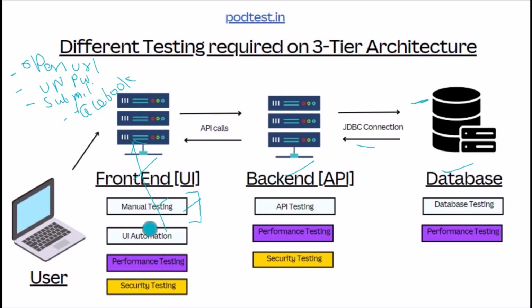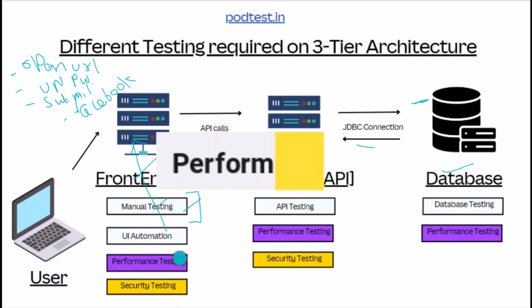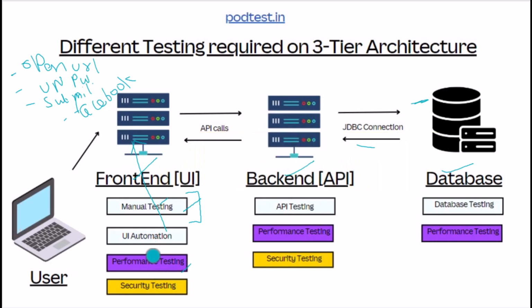Now coming on to the third part, which is performance testing. As I explained in my previous episode, performance issues could be anywhere. Let's say on the UI there is an image which is very heavy, and when the page is getting rendered, that image needs to be loaded and rendered on the page, and it is consuming a lot of processing time, CPU and memory for it to get loaded.